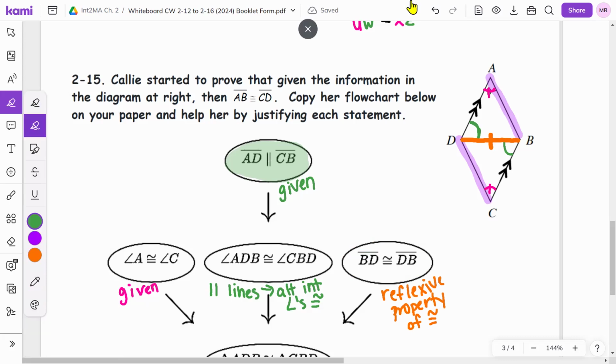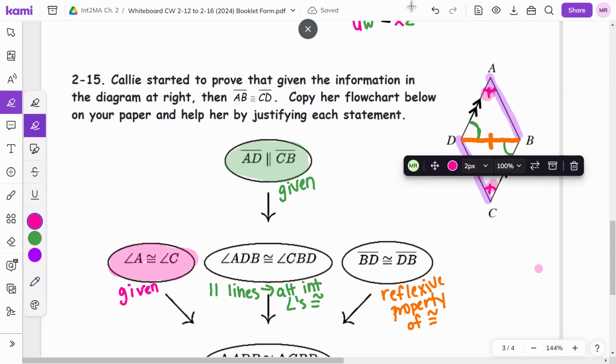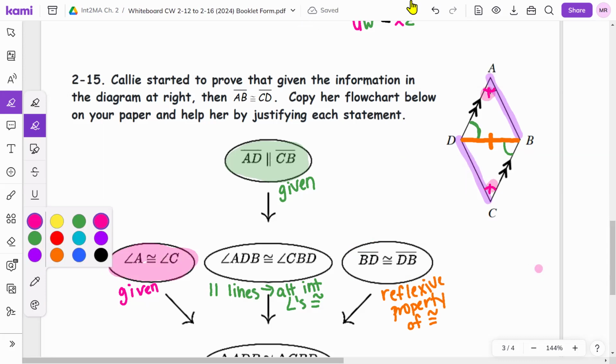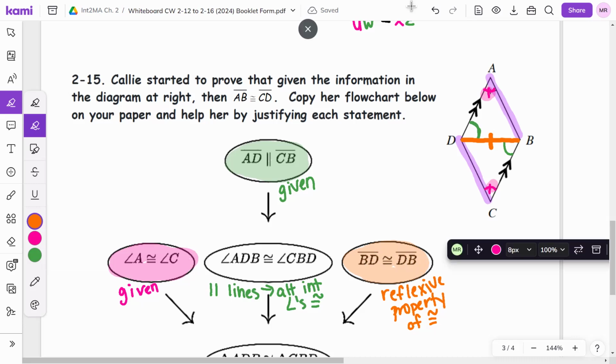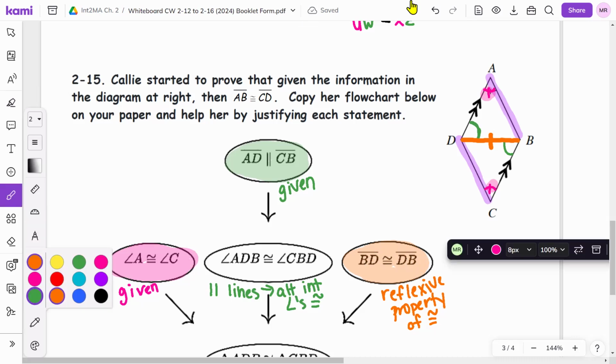So again, this here was this pink and this pink, and this here was that orange line, just to help us see things. So knowing that and looking at my picture, we have enough information to say that these triangles are congruent.